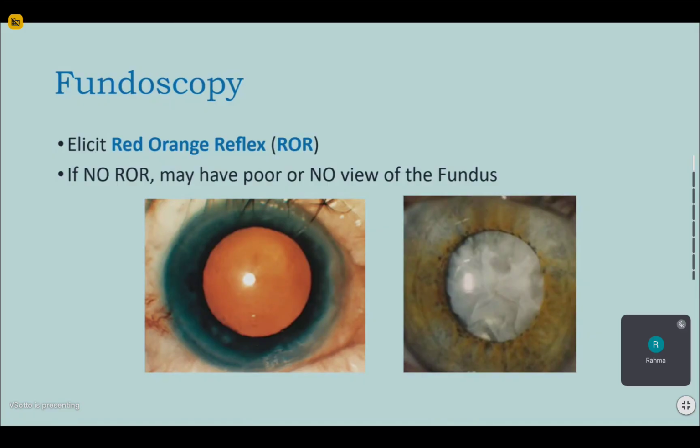It would not give you red-orange reflex, so there would be no view of the fundus and no chance for you to perform fundoscopy. If that would be the case, just record it as not tested or unable to test due to the dense lens opacity.